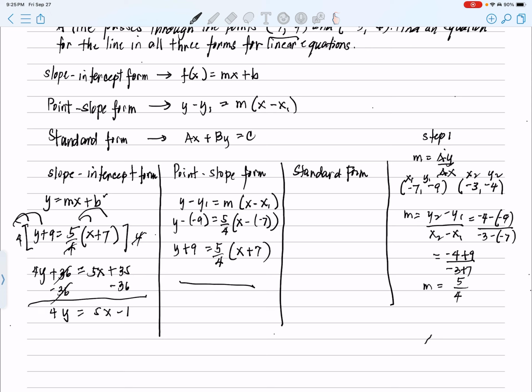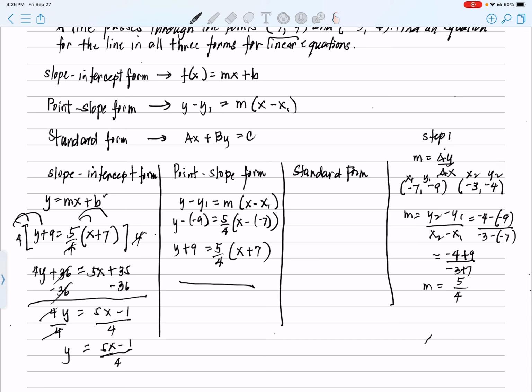Okay, so we're going to isolate the y. Since we have 4 as the coefficient of y, we take that out by dividing by 4. So that 4 will be canceled out. Now y is isolated. So we have 5x minus 1 over 4.